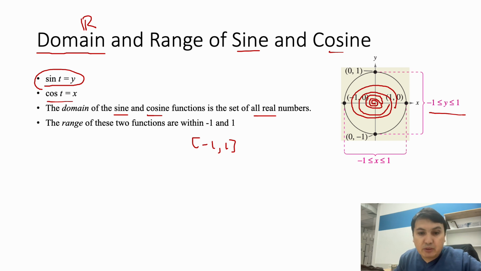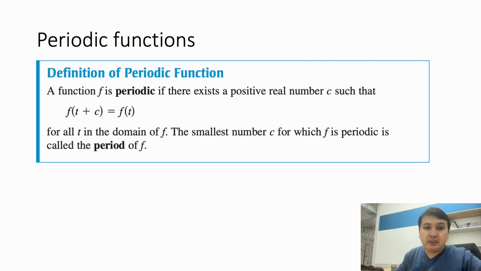Okay, how about periodicity? The trigonometric functions, especially sine and cosine, are periodic functions, and that's why they find lots of interesting applications in real life, especially if I want to model periodic systems. So what is a periodic function?